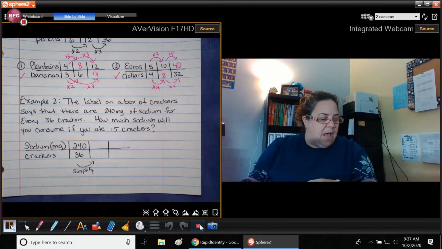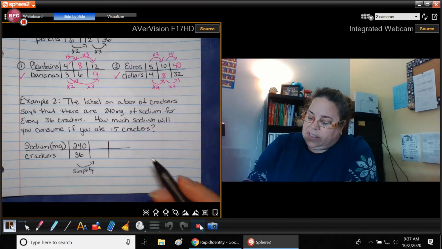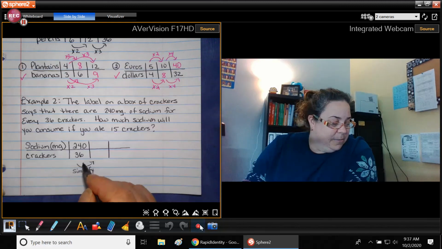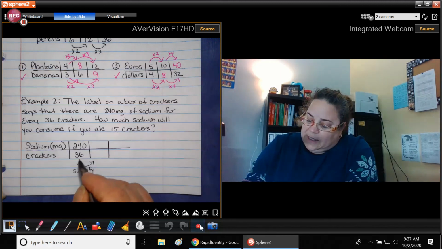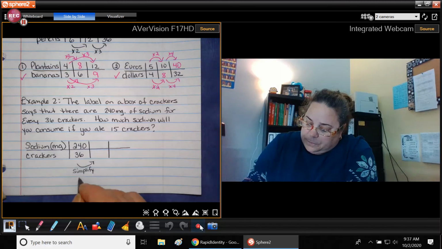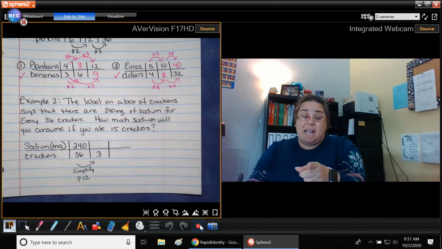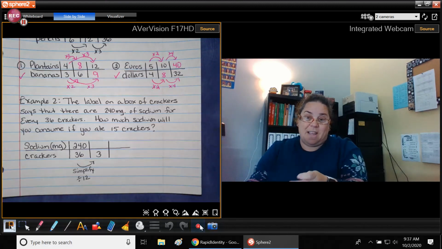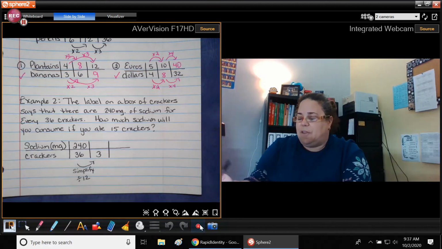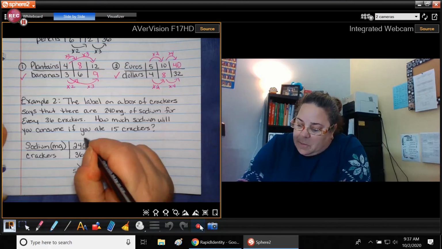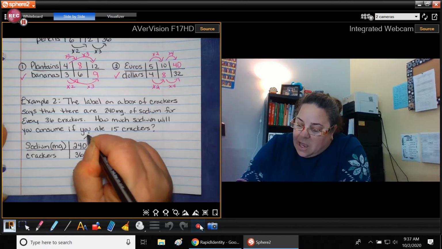Anytime we can work with smaller numbers, we want to work with smaller numbers. Okay, so I can divide 36 by 12. And I get 3. That's going to give me a nice low number, isn't it? Right? And then if you're paying attention, if you do it on the bottom, you do it on the top.